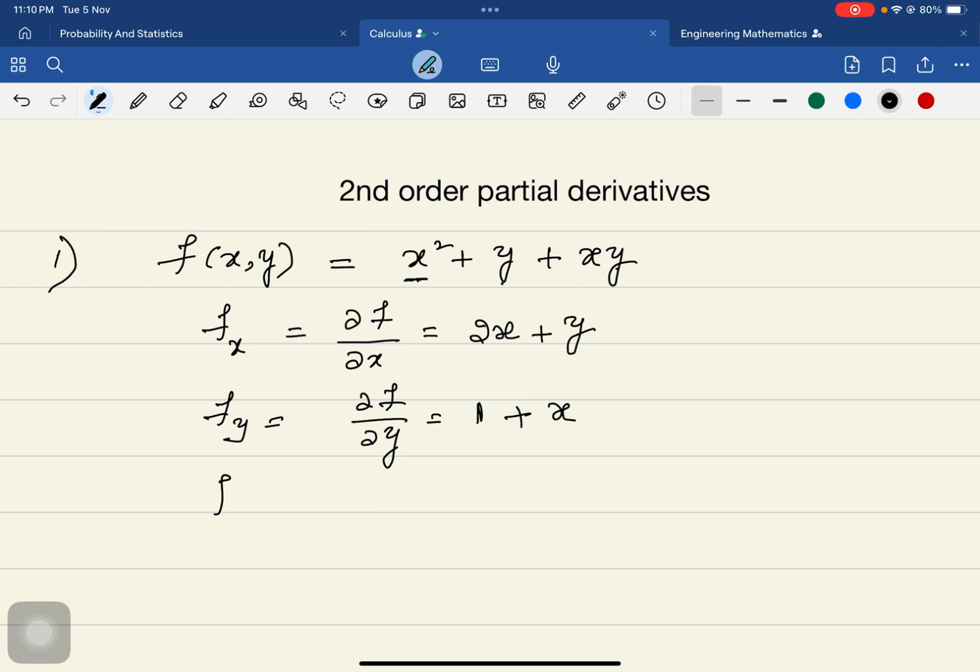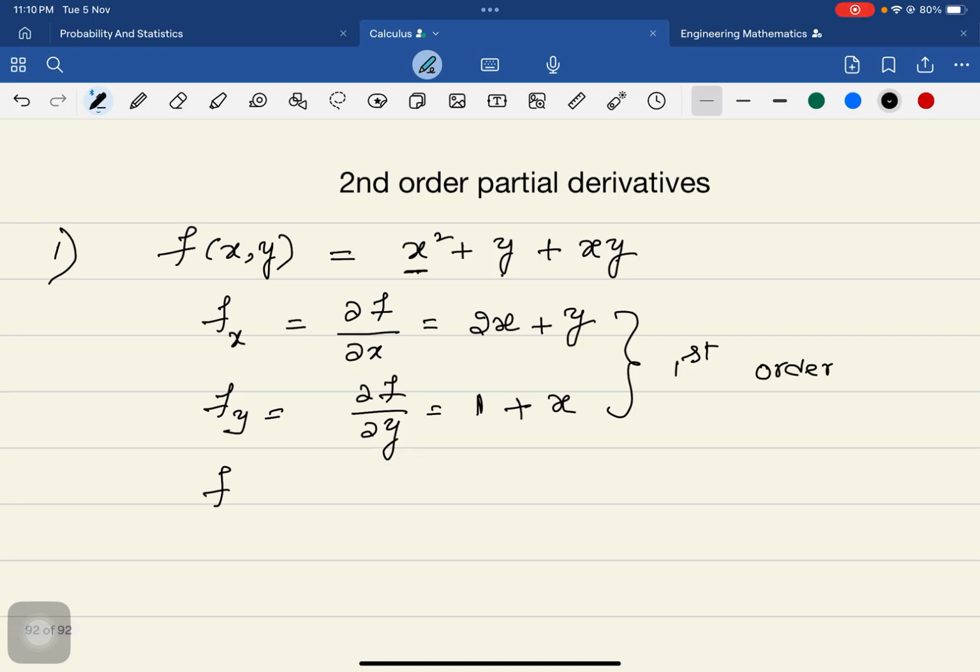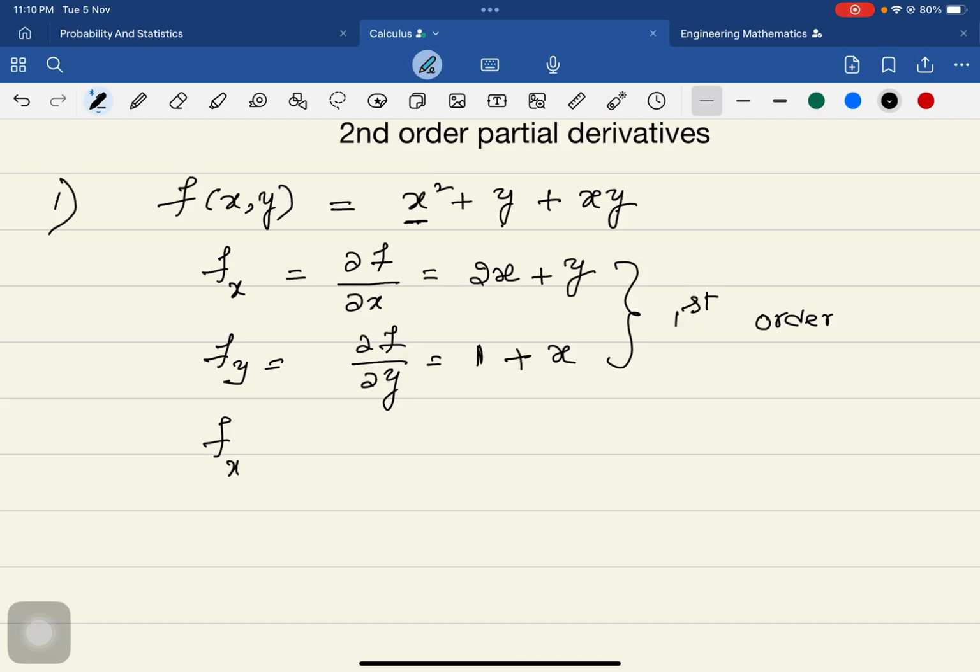And now, these are the first order partial derivatives. Now we are going to find the second order. That means fxx is given by dou square f by dou x square. So that is given by dou x of dou f by dou x.